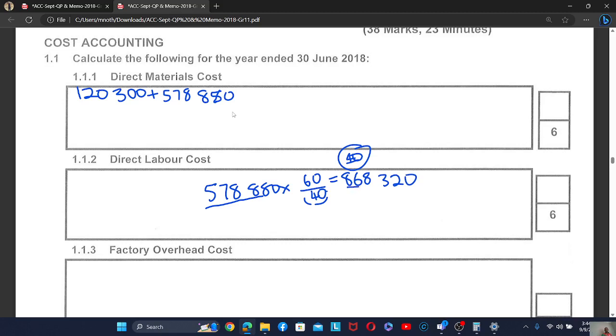So this means that the raw material that was purchased on credit is 868,320.